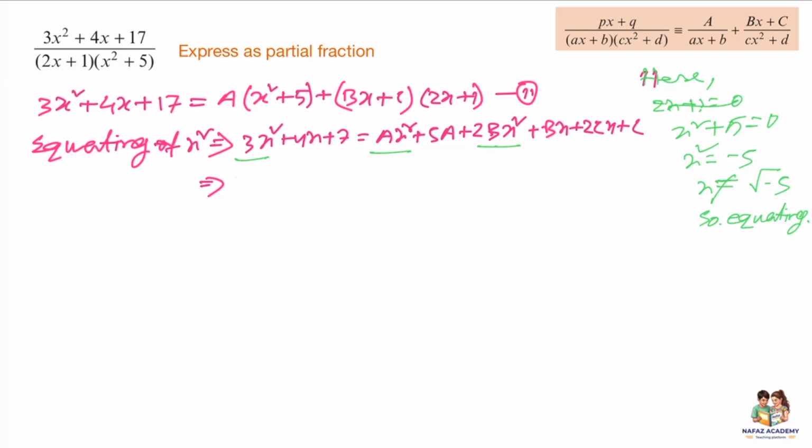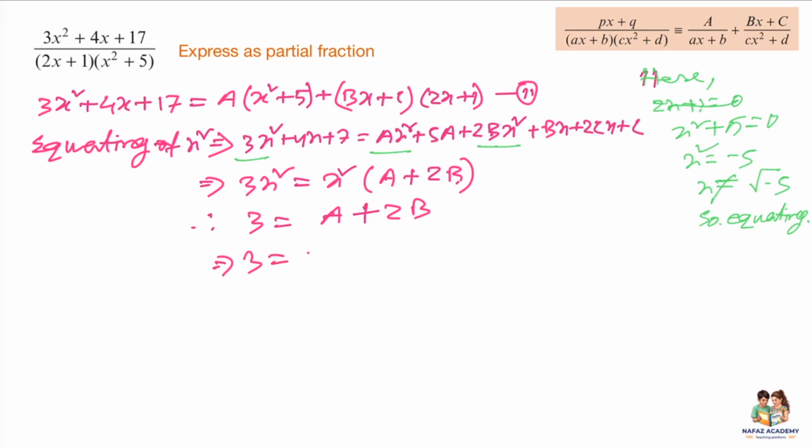Here this part is x square, it is 3x square, and taking common x square, it is A plus 2B. So taking the coefficient of x square, it is 3 equals A plus 2B. Right, here's the value of A, and here's the value of B.